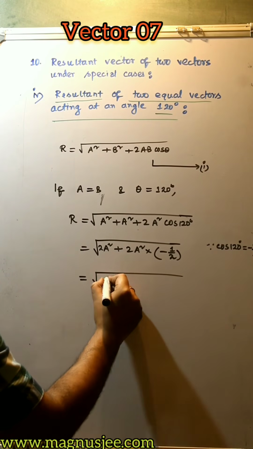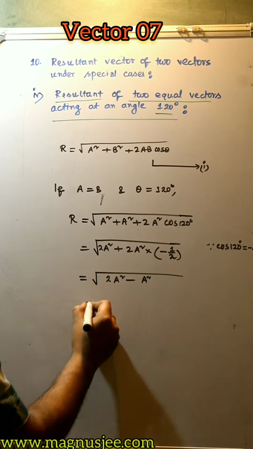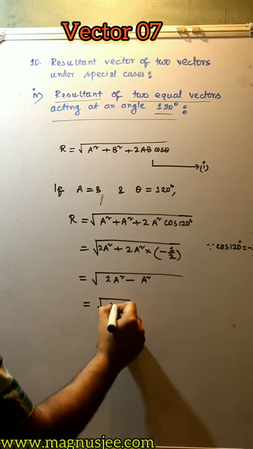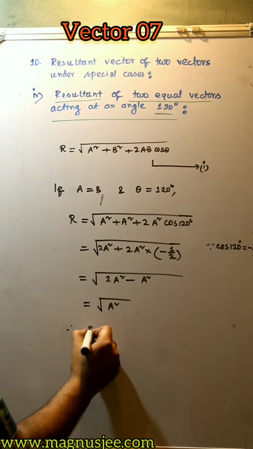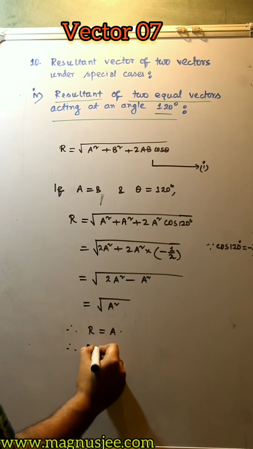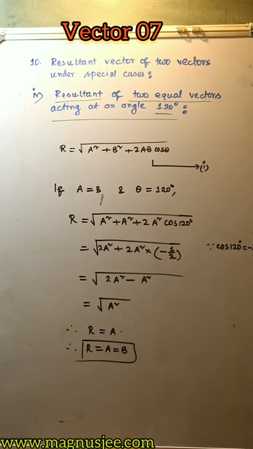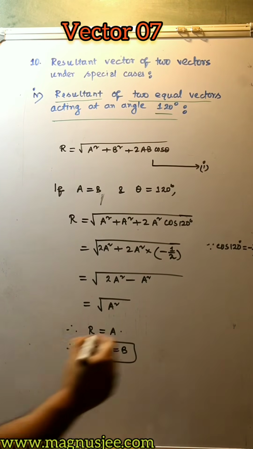Since cos 120 degrees is minus half, we get 2A square minus A square. Finally we get R equal to A. Therefore R equals A equals B.